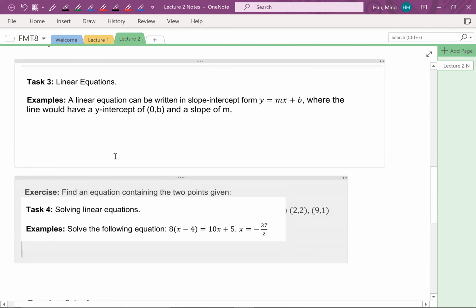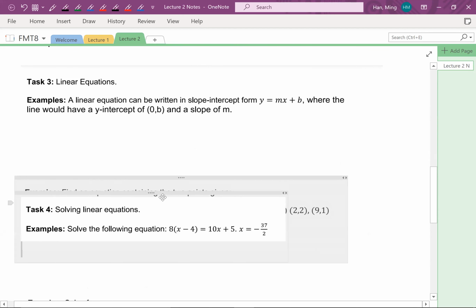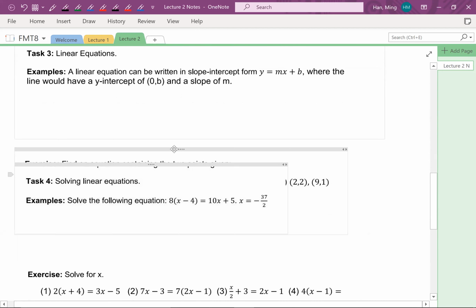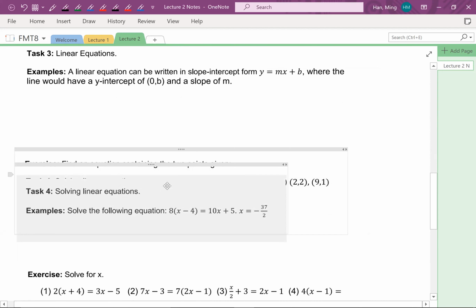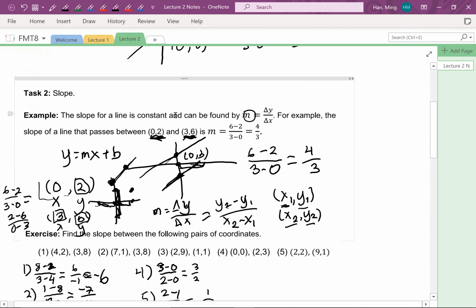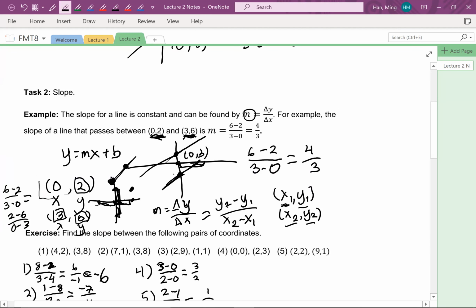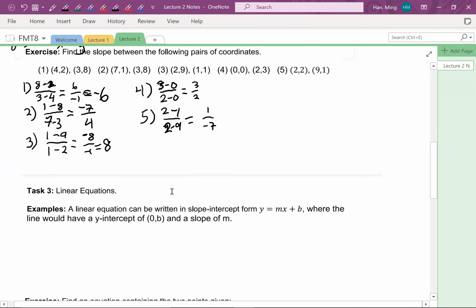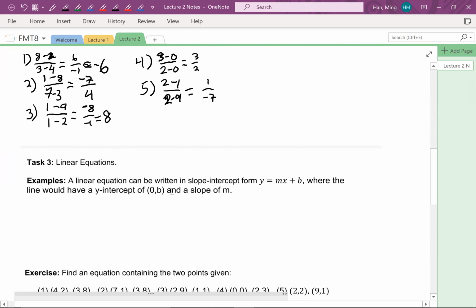Linear equations are basically direct variation equations, but like I said before, they don't always pass through the origin. So a direct variation is actually a linear equation, but there are other linear equations besides a direct variation.